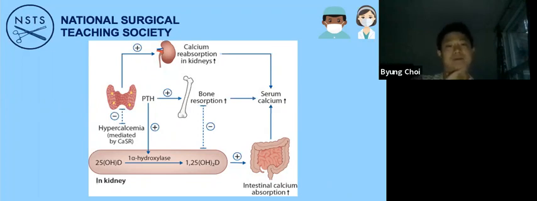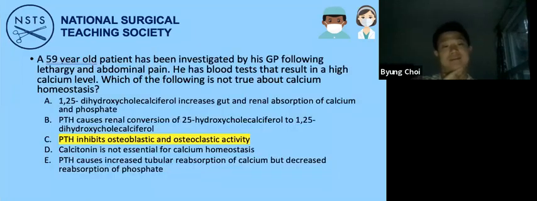And so by definition, to do that, it promotes activity of bone resorption, which is osteoclasts. Okay, so it essentially can't be C, and it's not true. It does inhibit osteoblasts, but it activates osteoclasts.